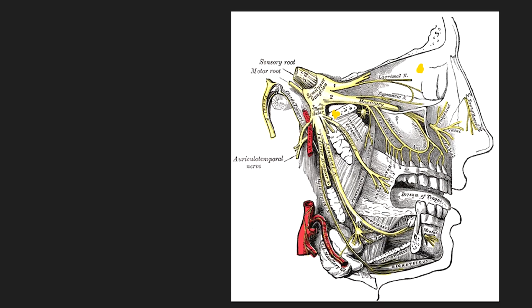Then we get into the 2 that we're most interested in that are drawn in here again, the pterygopalatine ganglion and the maxillary ganglion. The pterygopalatine ganglion supplies the lacrimal gland and the nasal cavity via the 5th nerve and the Vidian nerve. We'll talk a little bit more about it in a second.